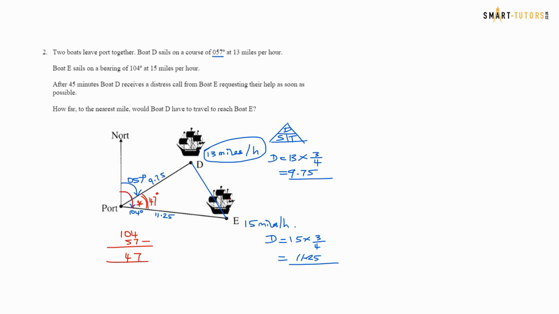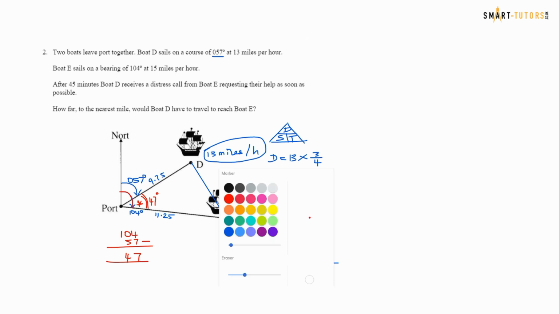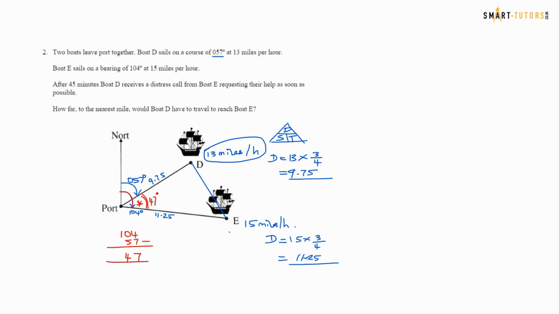That's it. So now we can read the question again. How far to the nearest mile would boat D have to travel to boat E? So the distance they are asking for is DE, right? Now this is the very first question I am doing with the sine rule and cosine rule.